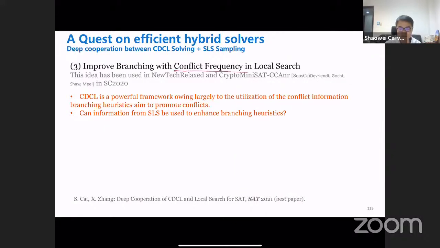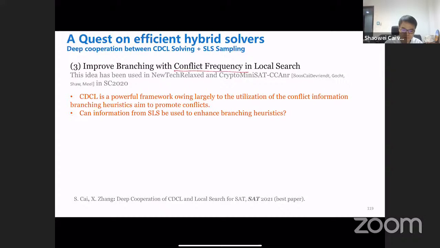This is about the conflict frequency, and there is a small story about this idea. In about 2019, Mate Soos visited me in Beijing, and we discussed CDCL and local search. I presented my work about CCNR and talked about clause weighting. During our discussion, we talked about maybe the clause weighting in local search is somehow related to the score in VSIDS branching heuristics.